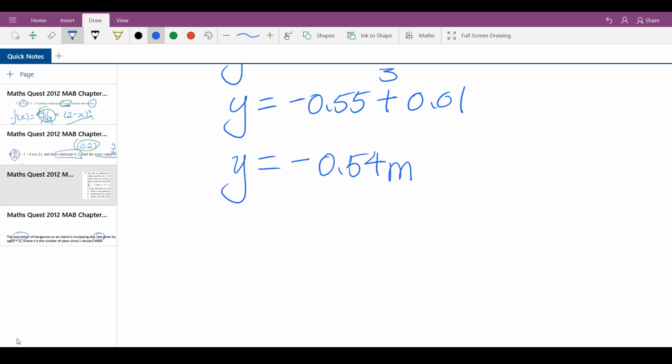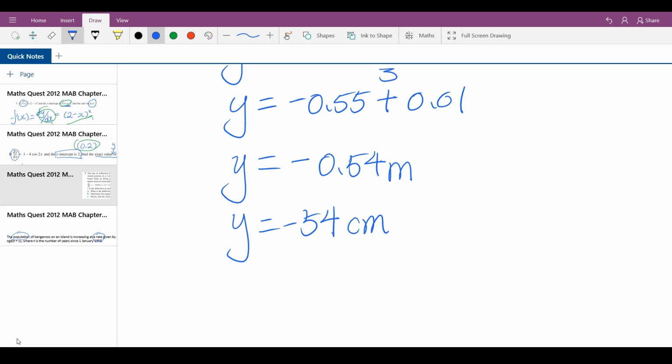Now, a negative here, for the people who don't get it, what is a negative? Negative is just a direction, so it's deflected downward instead of upward. If it's upward, we would call that inflected. But anyway, I'm not that good with English. So the negative is just downward, so it would deflect downward 0.54 meter, or you can also say it's equal to 54 centimeters.